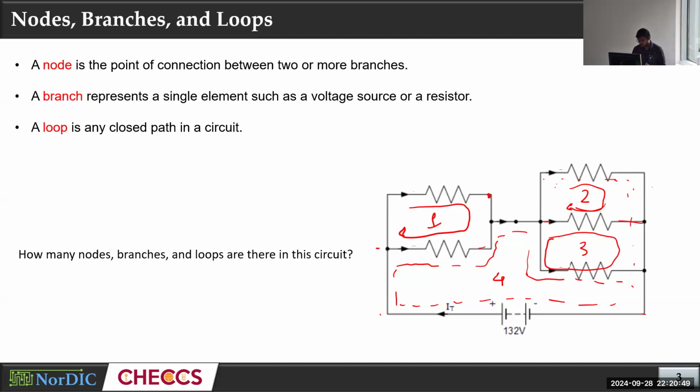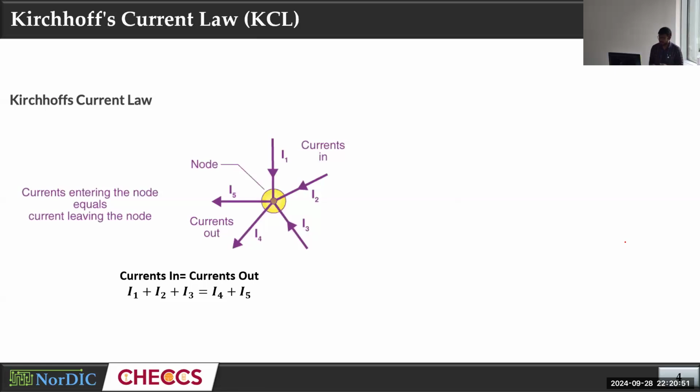So if that's clear, then we'll move to Kirchhoff's current law, which is the first law. The law states that all the currents entering the node will always be equal to all the currents leaving that node. So we know current has a direction, right? Current always flows in a direction.